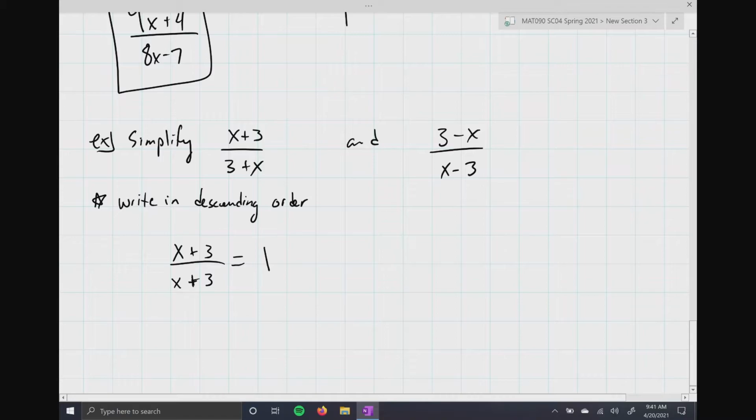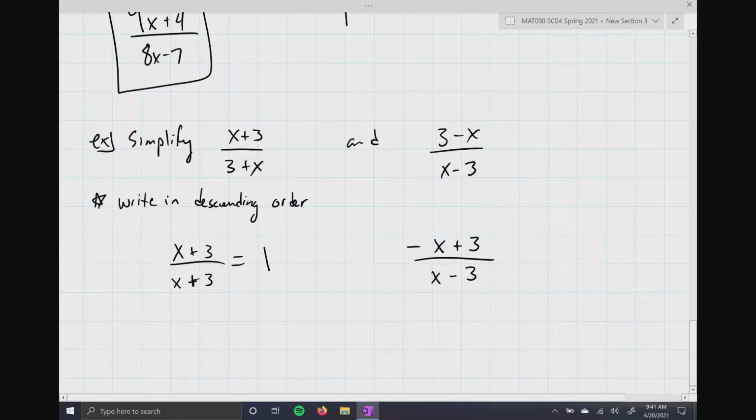So that's pretty easy. Now, if you take that same approach to being organized, like I do, the second example is very easy. So for the second example, I'm going to rewrite this in descending order of degree. Now remember, you always take the sign in front of the number, so 3 minus x turns into negative x plus 3. And then the denominator stays the same because it's already in descending order. And there is something that you should notice here, hopefully.